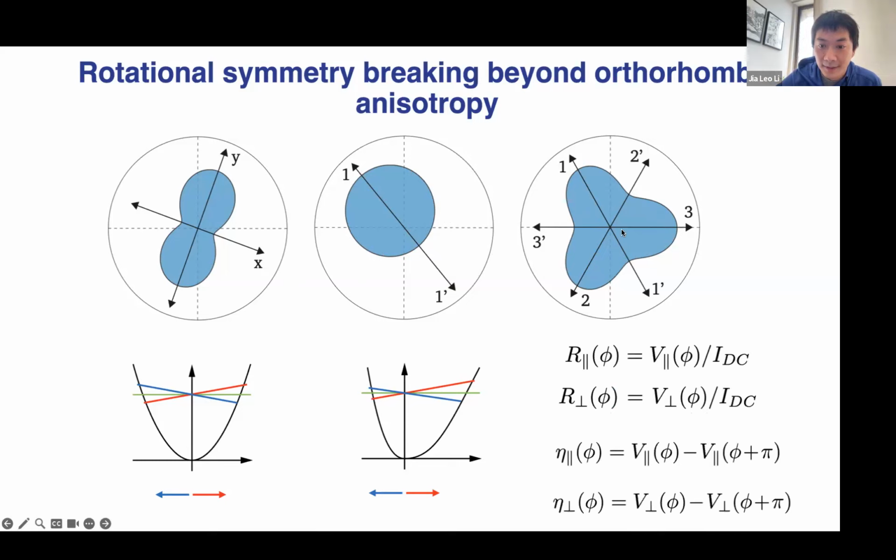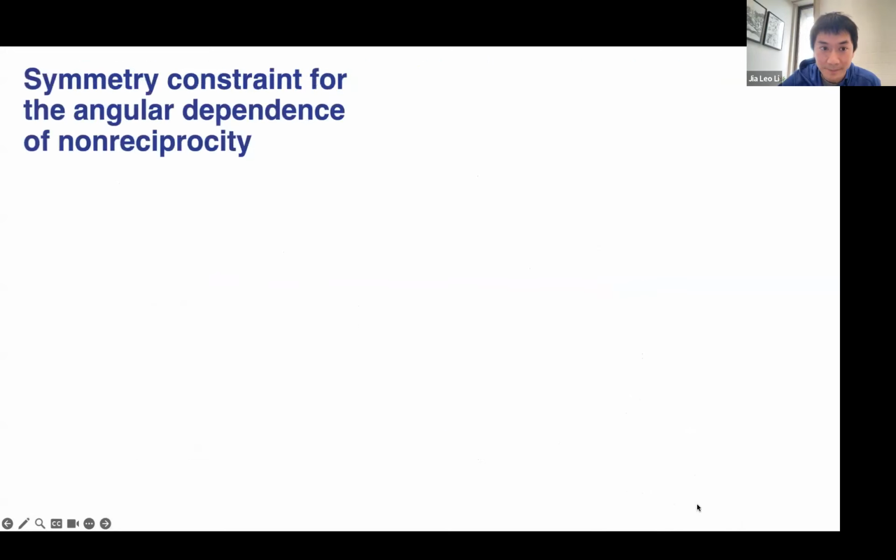Okay, so we define non-reciprocity as the difference in the voltage response between current flowing in phi and phi plus pi, right? So forward and reverse bias direction. And there should also be a transverse response, which is just defined by the forward and reverse bias difference in the transverse channel.